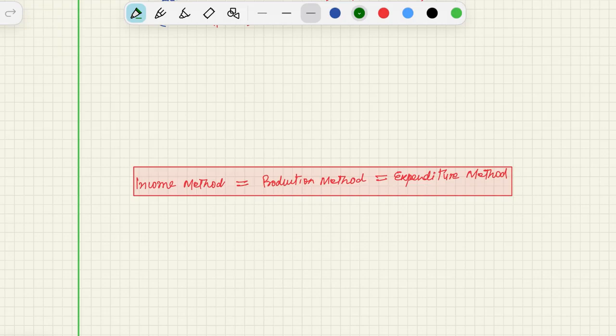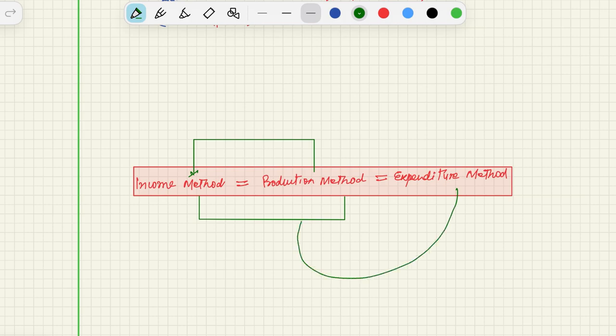Okay, I have already told you what circular flow means. Whatever production is done, production is done to generate what? Income. Here income is spent to buy goods and services. Okay, and that expenditure comes over here.